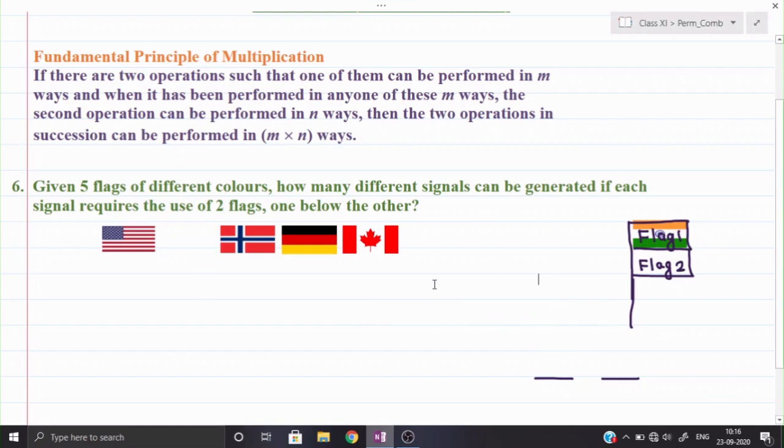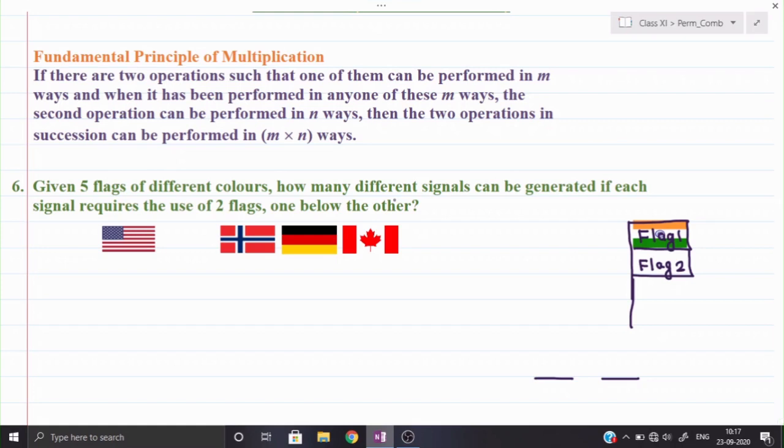Now tell me how many flags are available for the second position. It is clearly mentioned: how many different signals can be generated if each signal requires the use of 2 flags, one below the other. Here it is not mentioned whether repetition is allowed or not, but apply simple common sense.